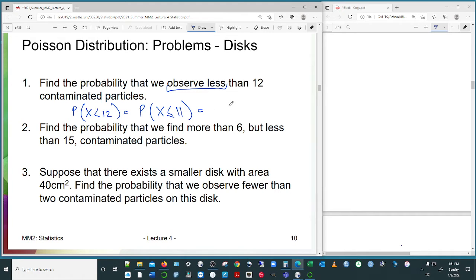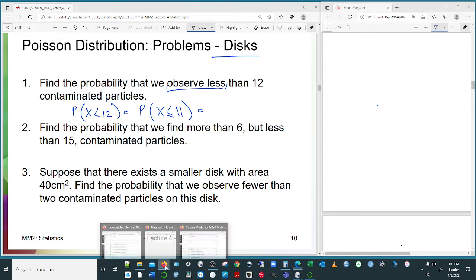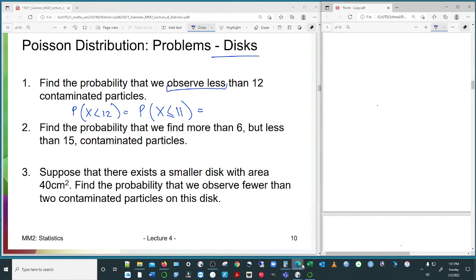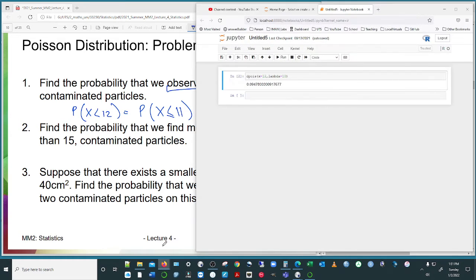And so if we did the same thing for the problem of the discs, let me just do that way. So we want to have 12 less than 11.